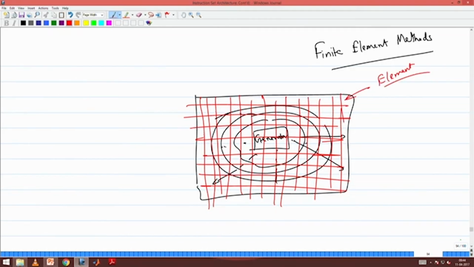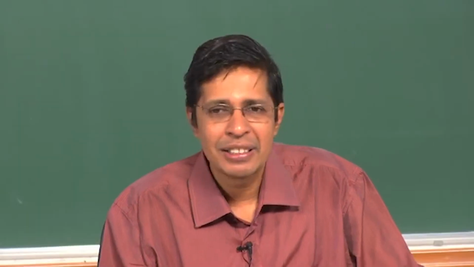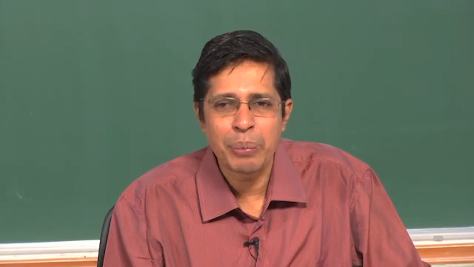As I keep shrinking this grid size, more and more elements will come. But I am now essentially partitioning. There is a difference between division and partition. Discrete mathematics, did you learn? What is the difference between division and partition of a set?